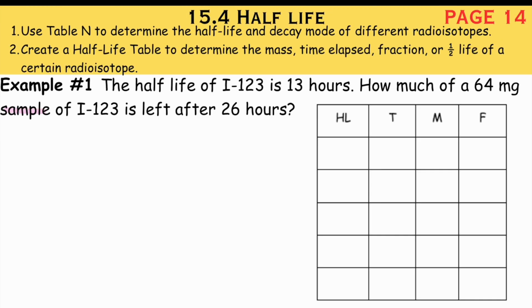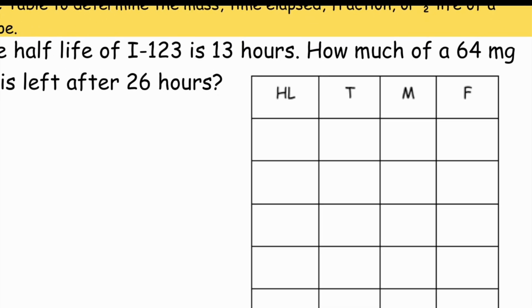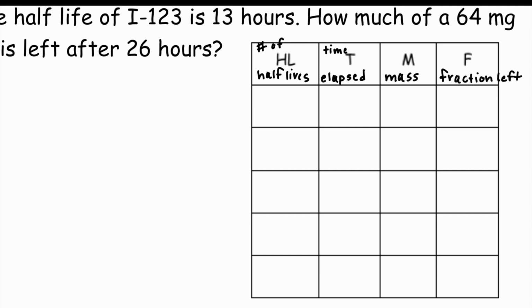To answer half-life questions, we're going to use a table setup like this, where HL stands for the number of half-lives, T for time elapsed, M for mass, and F for fraction left. We're going to start out our half-life column at 0 and go up to 4.